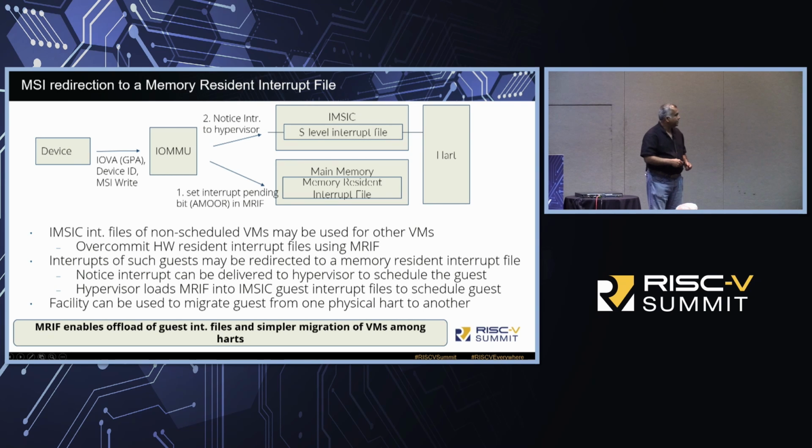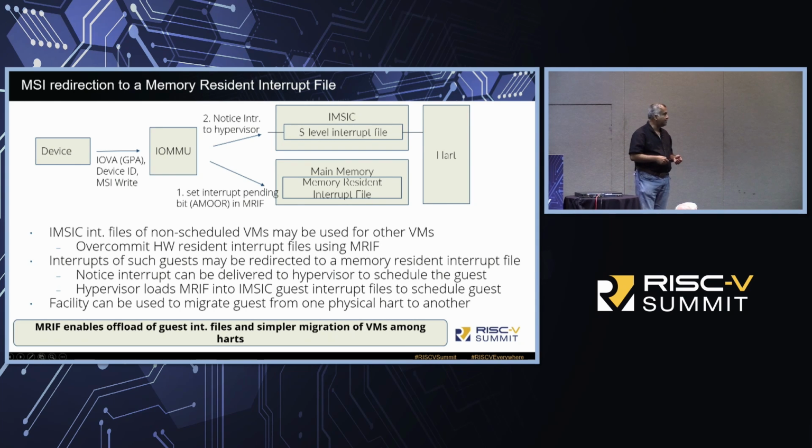So it then generates an IOMMU initiated interrupt. It's called a notice interrupt, and that notice interrupt is typically directed to the supervisor interrupt file in the IMSIC, and that tells the hypervisor that this memory resident interrupt file has some pending interrupts. So you may want to schedule that VM, load that MRIF back into the physical interrupt file, and have that interrupt delivered. So this capability allows you to oversubscribe the interrupt file.